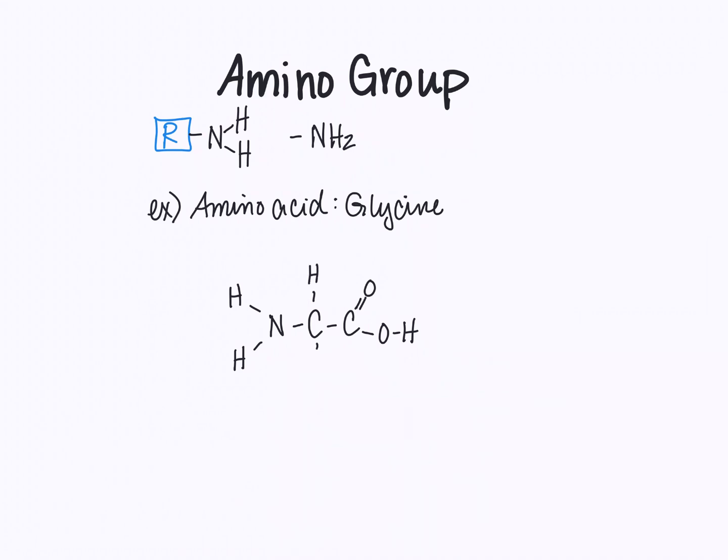And then the central carbon has some hydrogens attached to it as well. So in this example here, we have our amino group as our NH2 on one end of the compound, and then we have our carboxyl group on the other end. So we have an amino group, but we also have a carboxyl group.